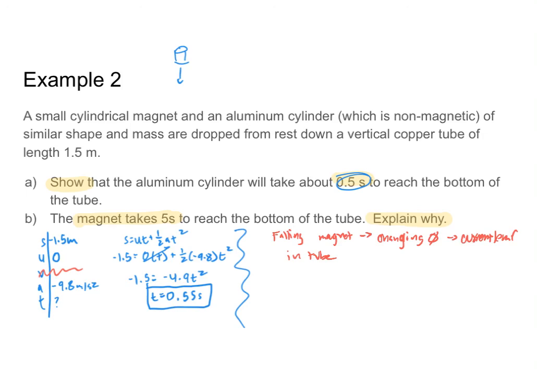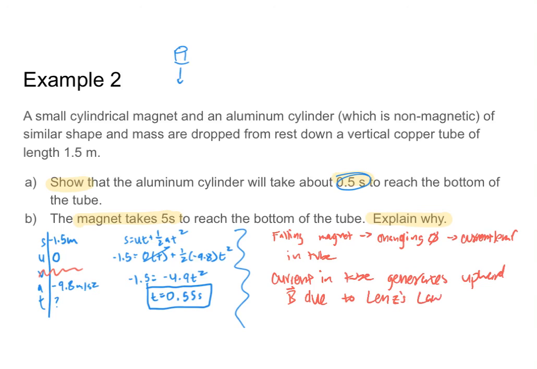So just like the changing magnetic field of the magnet is going down, the changing magnetic field generated by the current in the copper tube is going to be directed up. So current in the tube generates an upward magnetic field due to Lenz's law.